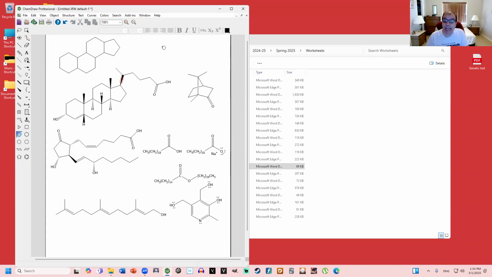And compounds that have this tetracyclic ring structure include cholesterol, include sex hormones, include bile salts, also called bile acids, include cortisone, and include a lot of other hormone-related molecules like that.